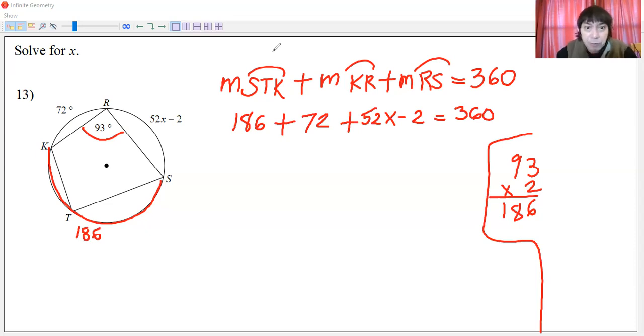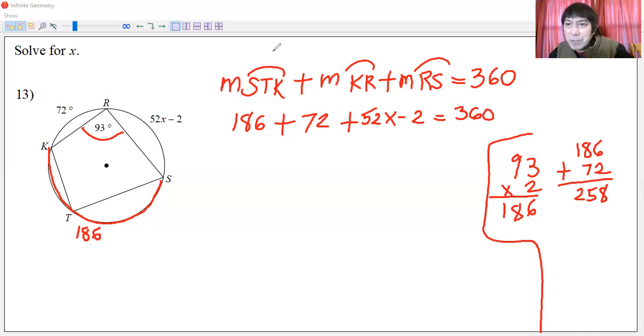Okay. So that looks like 258 minus 2, that's 256. Let's do it over here. 186 plus 72, added together, we have 258.